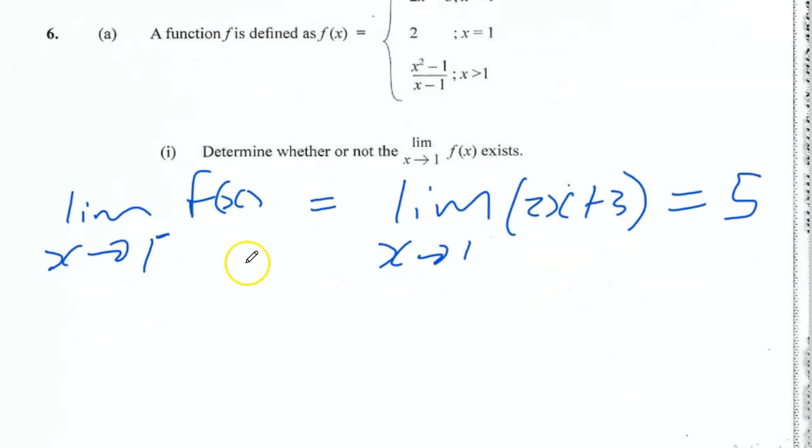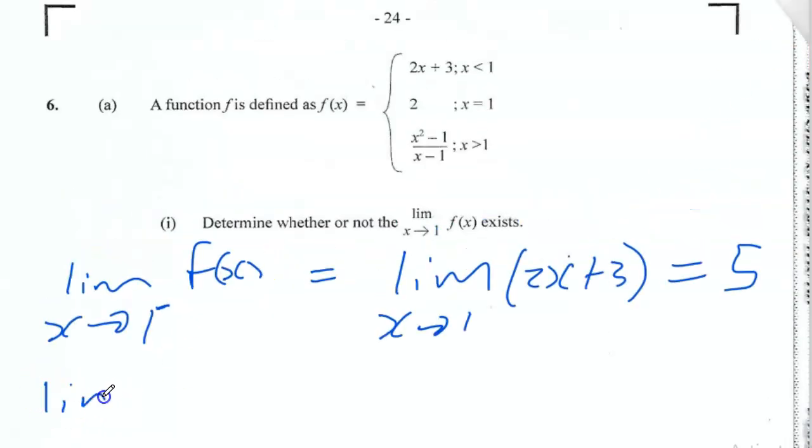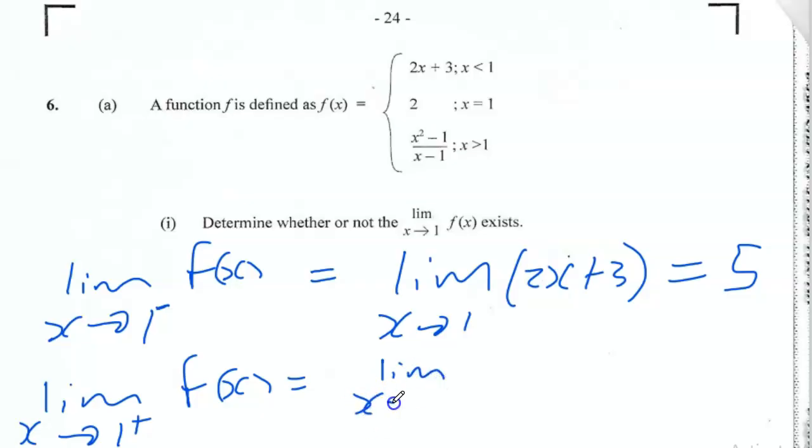Let's find the right hand limit now as x approaches 1. So the right hand limit as x approaches 1 from the right. It is the piece for when x is more than 1, to the right of 1 on the number line. So we end up with the limit as x approaches 1 for x squared minus 1 upon x minus 1.